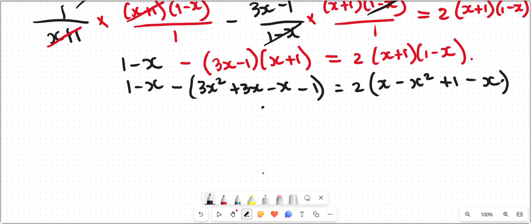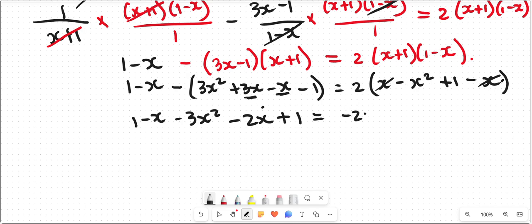Alright, so let's get rid of this negative by putting it inside, but before that, this and that would give me a positive 2x. So once I times it with the negative, it will be a negative 2x. That 1 times the negative will be a positive 1. And in this case, these x's are going to cancel. So I'm left with the negative 2x squared plus a 2. And then I collect my like terms. I'm going to bring everything this side.